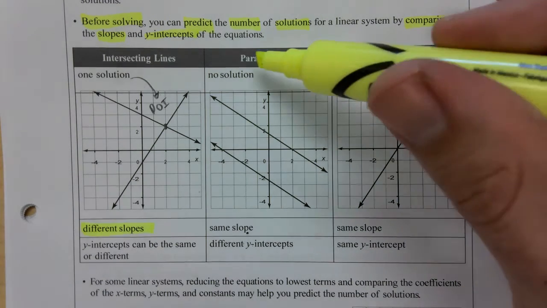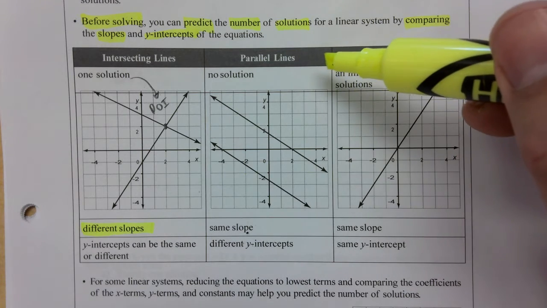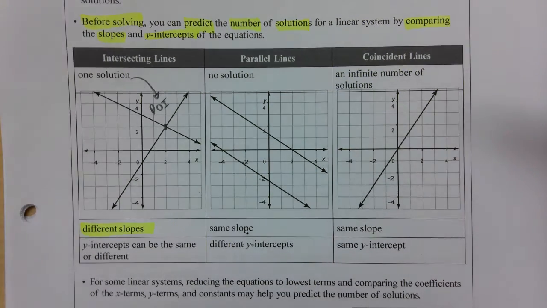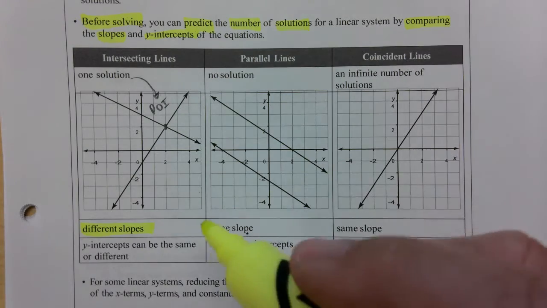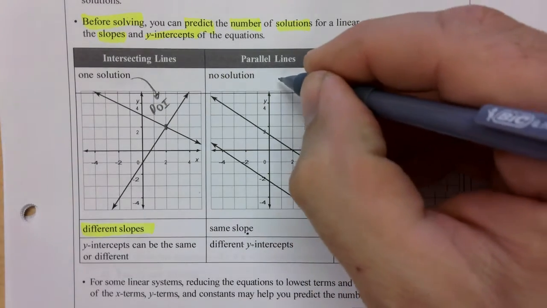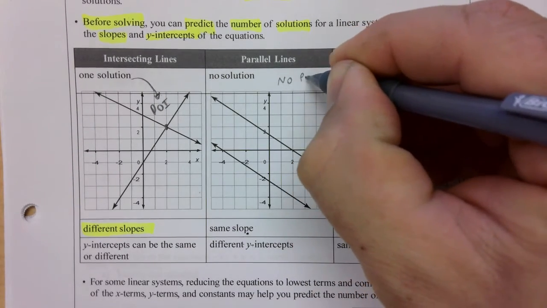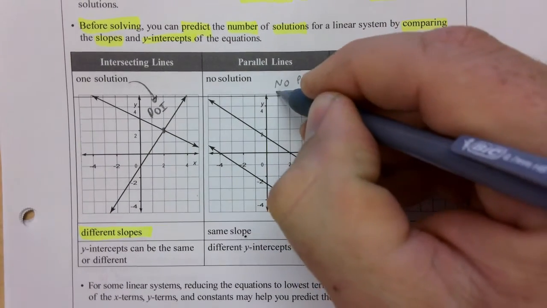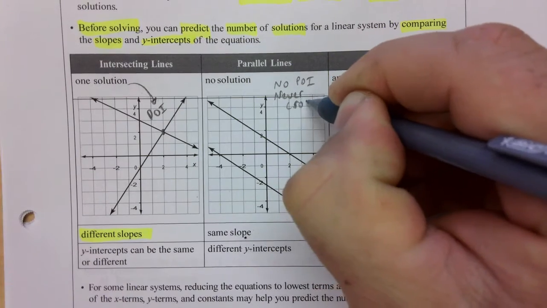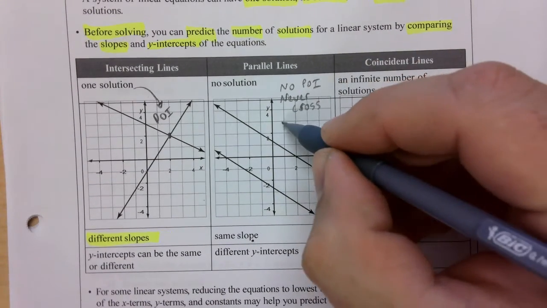And when you go to lines that are parallel, remember from chapter 6, if lines have the same slope, they are parallel. They run alongside each other, so you would have no point of intersection. No POI. They never meet, never cross each other.